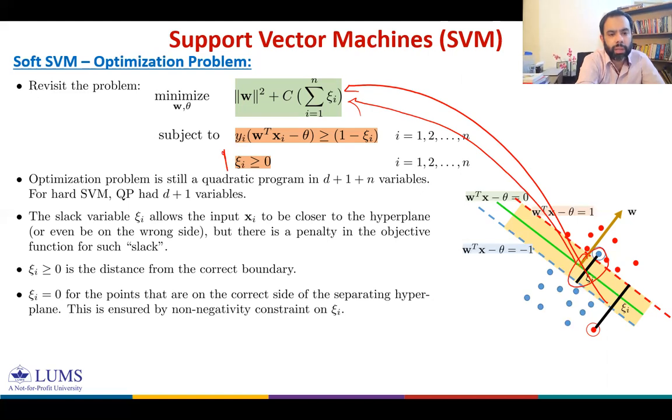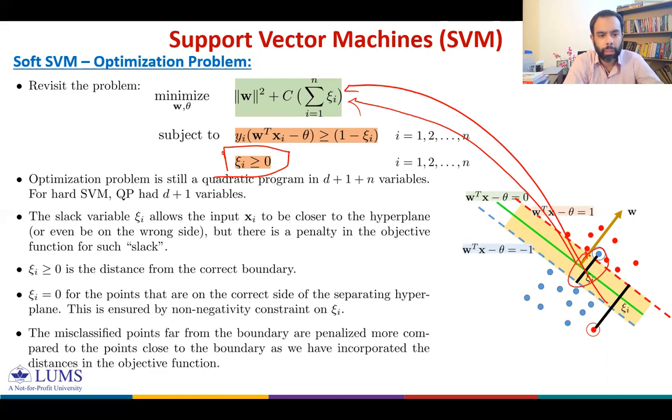So this constraint is forcing that this distance can be positive, or it is 0 if the point is on the correct side of the separating hyperplane. Finally, the misclassified points far from the boundary are penalized more compared to the points close to the boundary, as we have incorporated obviously the distance in the objective function. I think with this explanation, now you have a good understanding of soft SVM.